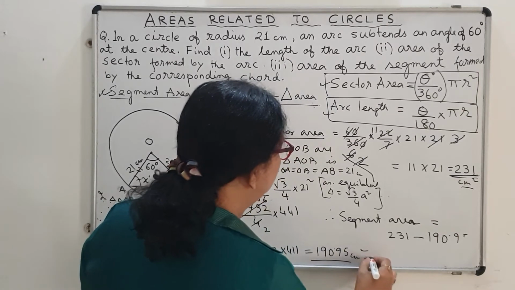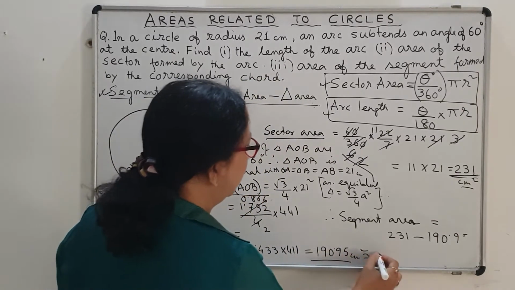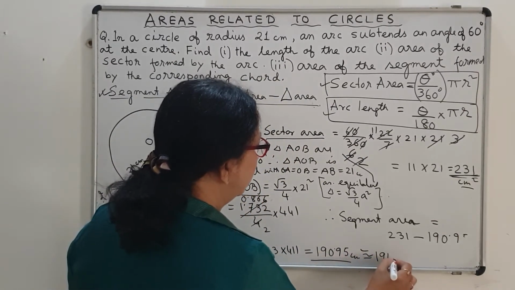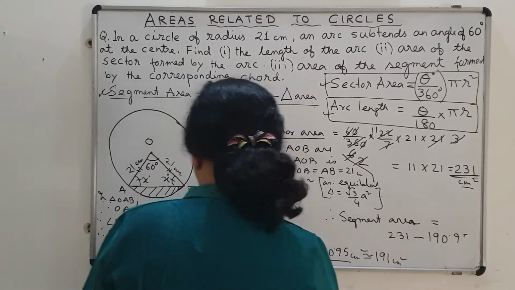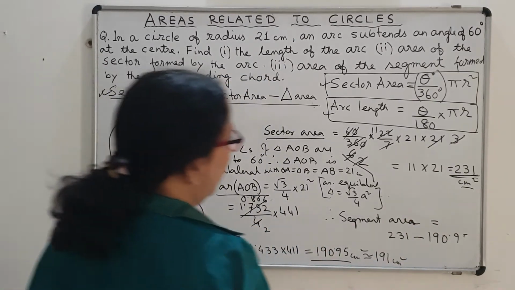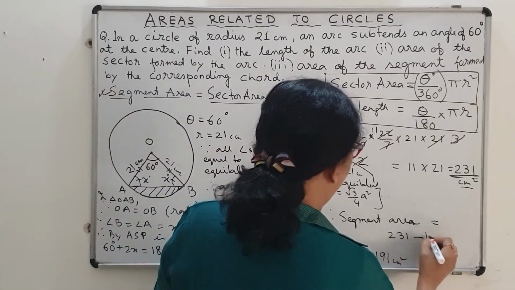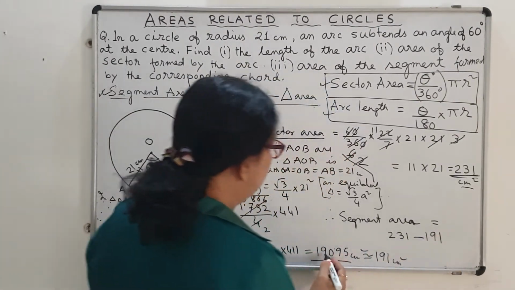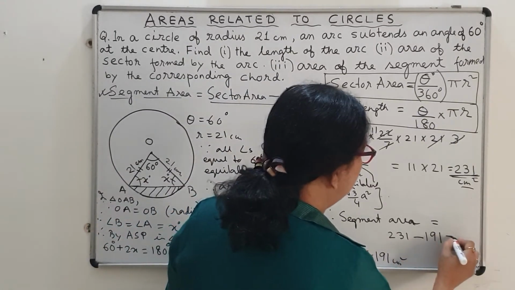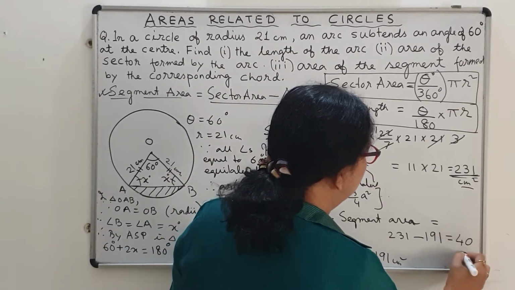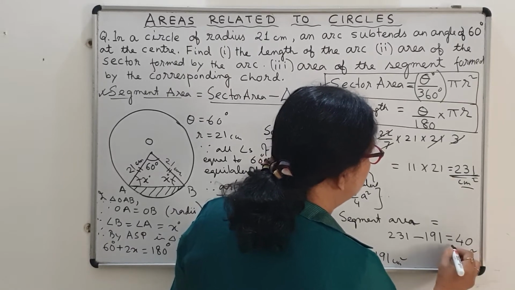Actually I can approximate this, 190.95 can be written as 191 centimeter square, because this much approximation we can do to save time. So 231 minus 191 came out to be 40 centimeter square. So this is the answer.